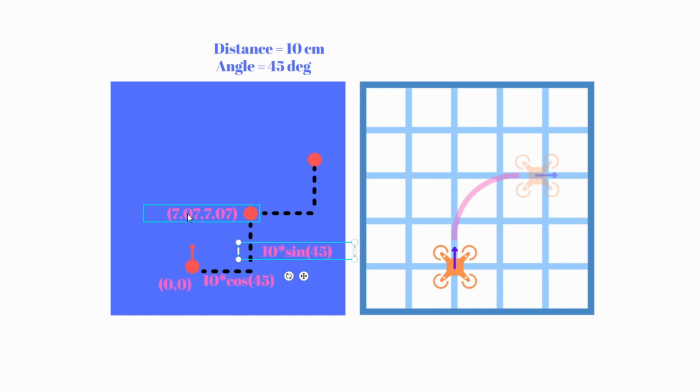Earlier we had 0, 0, so we didn't do anything, but this time we will add to it. So it will be 7.07 plus 7.07, and that will give us 14.14. So this coordinate here will be 14.14 and then 14.14.